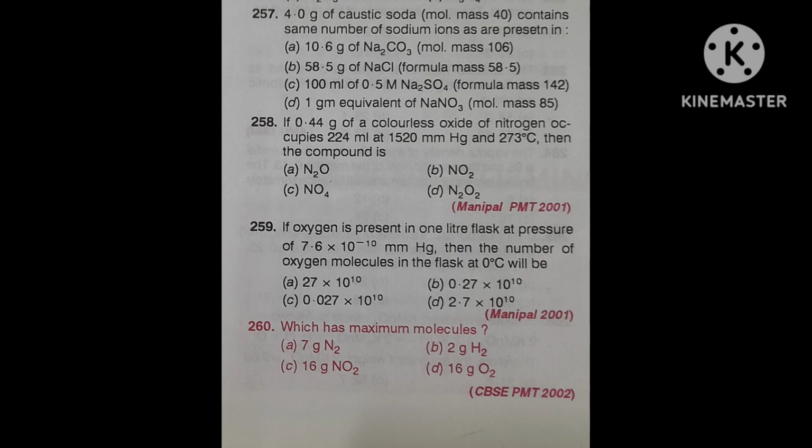First option 27 into 10 to the power 10, second option 0.27 into 10 to the power 10, third option 0.027 into 10 to the power 10, fourth option 2.7 into 10 to the power 10. All are in 10 to the power 10 only.